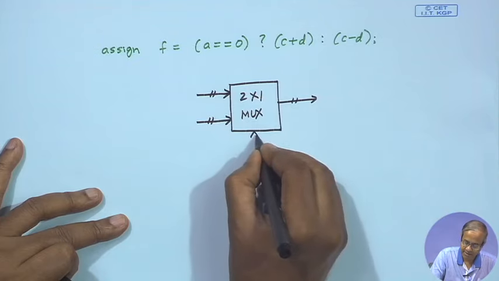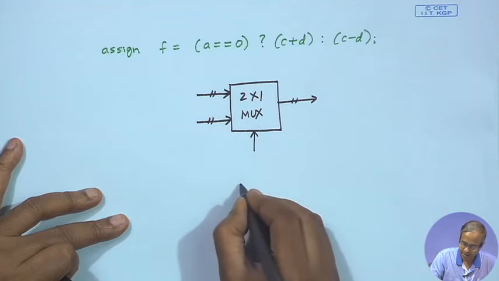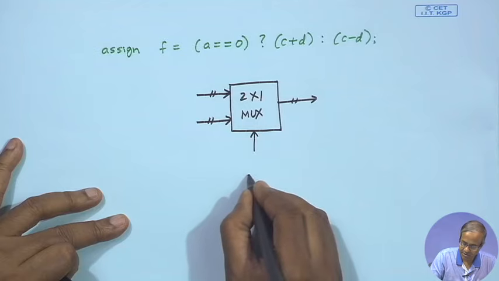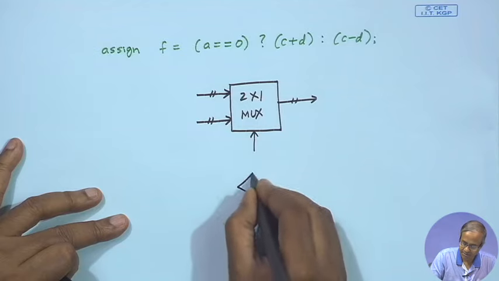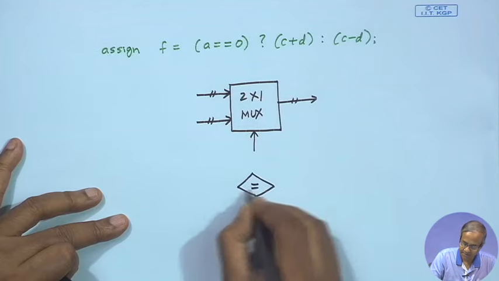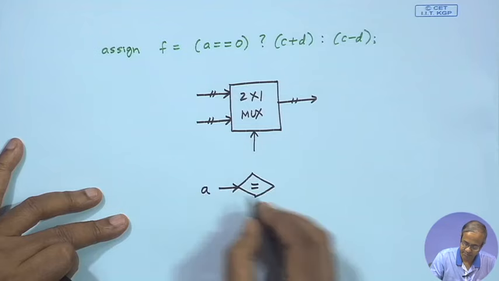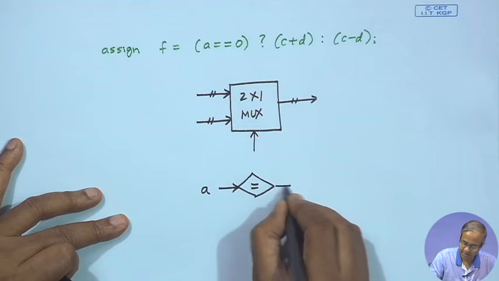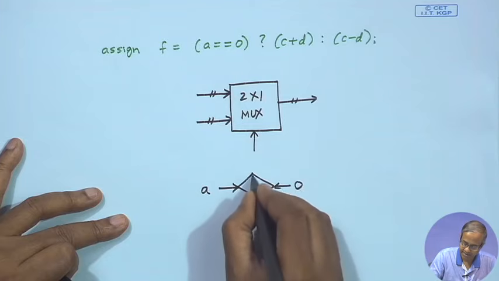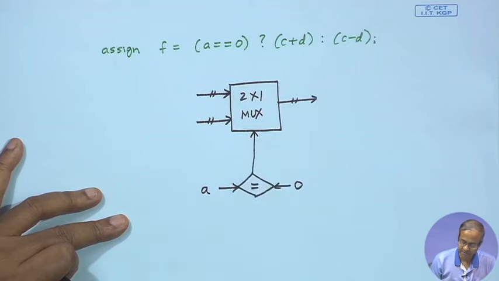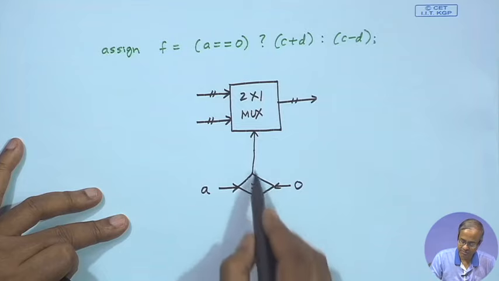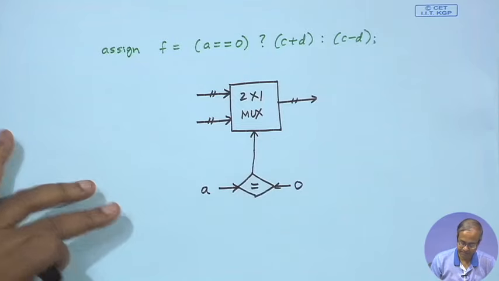In the select line, we will be comparing A with 0, so I need a magnitude comparator circuit which takes A as input, compares it with the number 0, and the result of the comparison is fed to the select line. So either this will be true or this will be false.